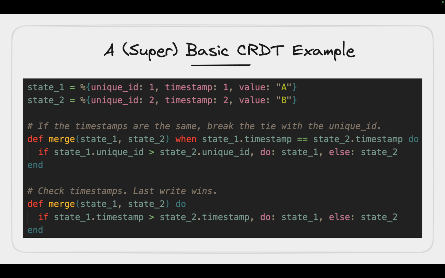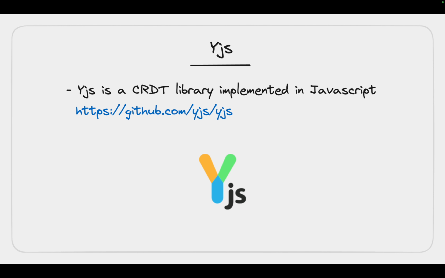Okay, so we now know how a basic CRDT works. However, as the title of my slide implies, this is just a super basic CRDT example. In practice, implementing CRDTs can be a lot more complex. Therefore, for my project, I decided to use a library, and the library I decided to use was YJS.